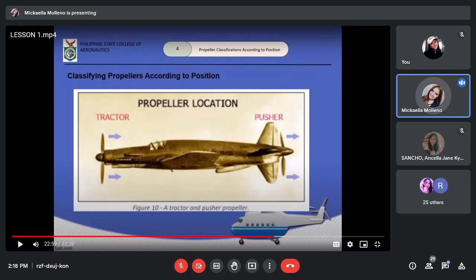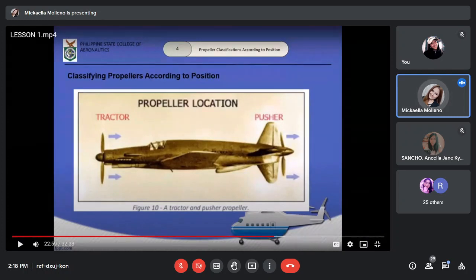Okay, so again, just for the sake of kapag magko-consult kayo ng ibang reference, hindi lahat ng references it is referred to as tractor. So yung iba doon, actually mostly, Jeppesen lang ata at saka pilot's handbook yung tractor, but mostly tinatawag din siyang puller.